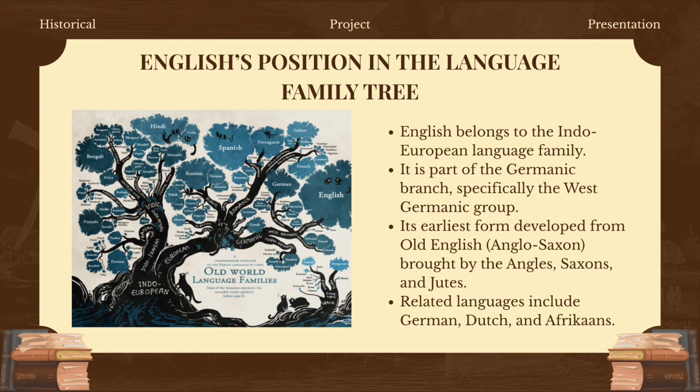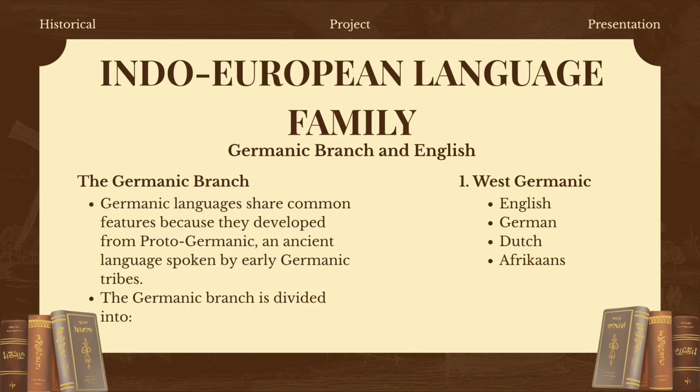Yung earliest forms of English developed from Old English or Anglo-Saxon English, which was brought to Britain by the Angles, Saxons, and Jutes. Although yung English borrowed many words from languages katulad ng French and Latin, its original foundation and structure remain Germanic. So in short, Indo-European, Germanic, West Germanic, and English.